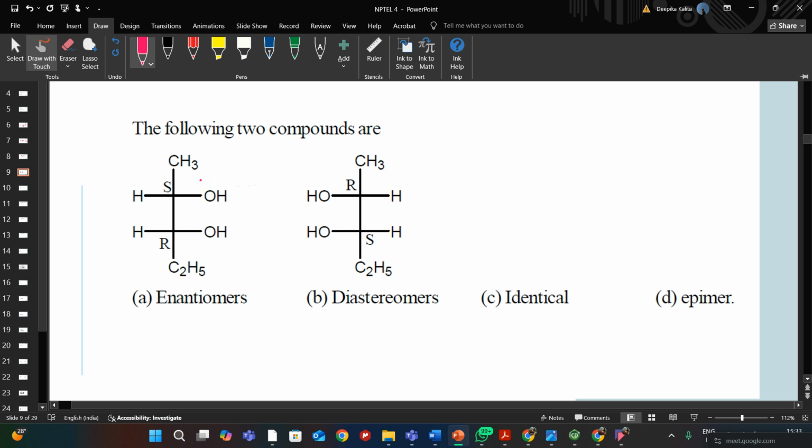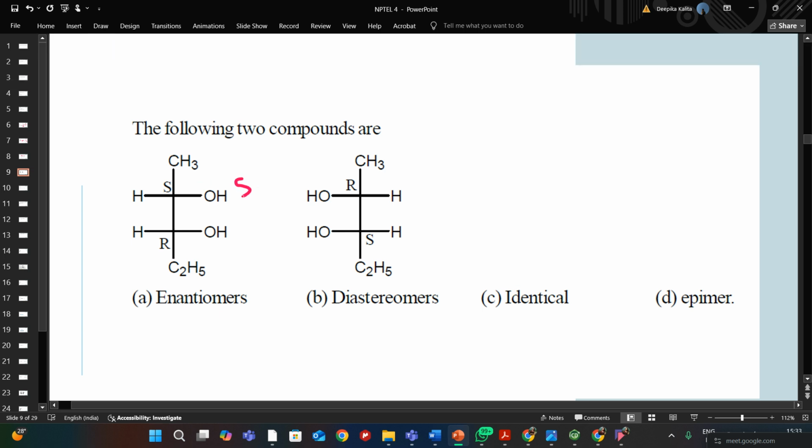So here, if we look at the absolute configurations, the first compound has the set SR, and the second compound has the set R and S. Hence, whenever the sets are completely complementing each other, you can say that these two compounds will be a pair of enantiomers. Okay?